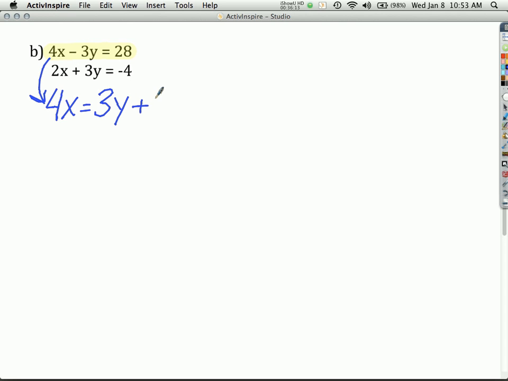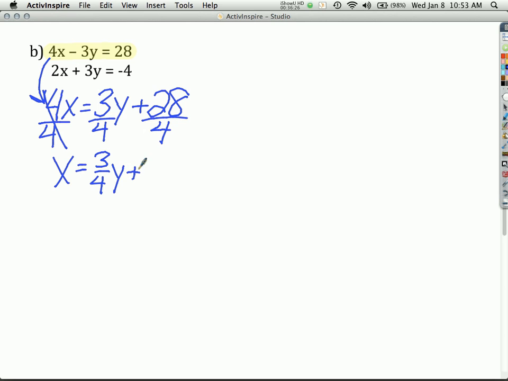Plus 28, and now we need to divide everything by 4. And this will disappear, and we get x is equal to 3/4 y plus 7. Anyone have any questions on how we got to here?